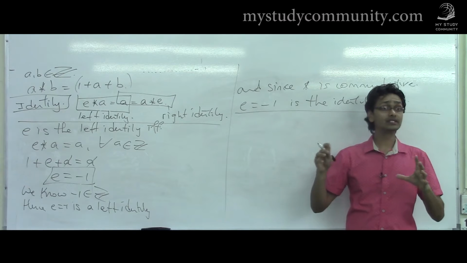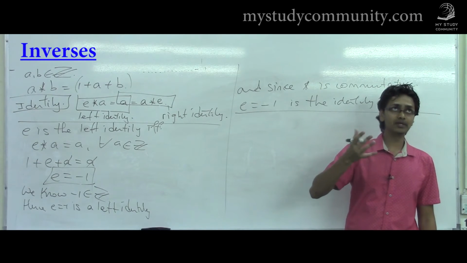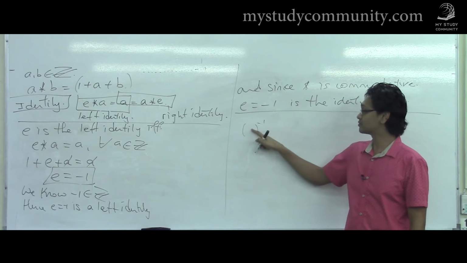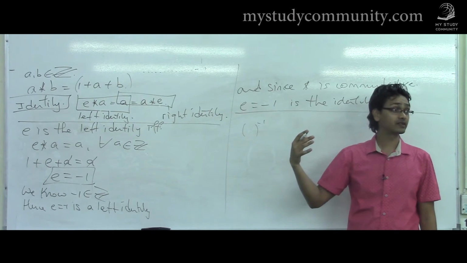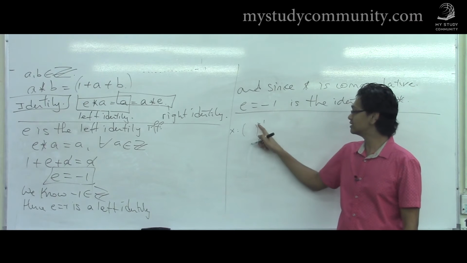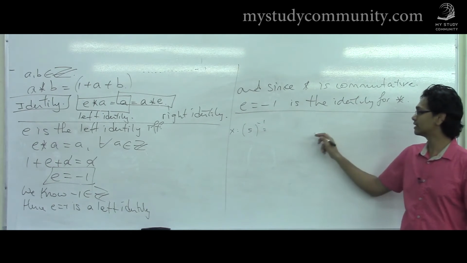So now after that, we're going to inverses. So a bit on notation. This means the inverse of whatever is inside here, yes? And inverses are operation specific. So if I'm in multiply, the inverse of 5, well, I'll get to that in a while, right?